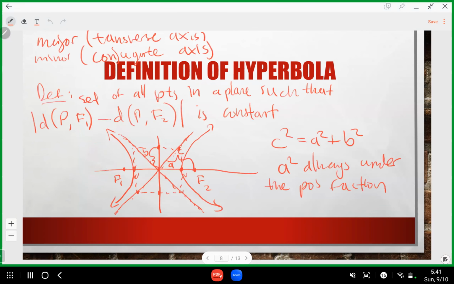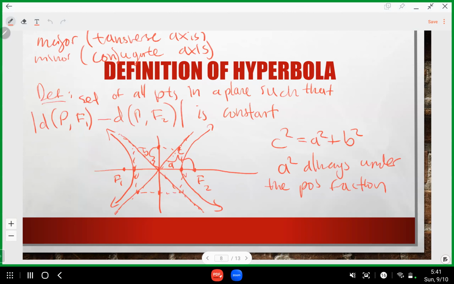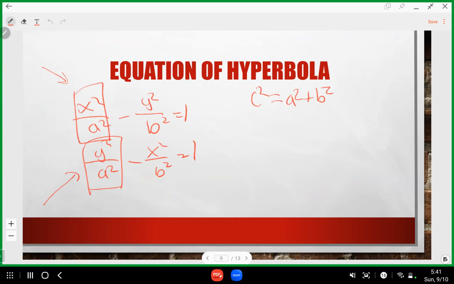So just remember that a is always under the positive fraction, and that c squared is equal to a squared plus b squared, because as you can see, the foci are farther than the vertices. c is bigger than a. And it's not necessarily the Pythagorean theorem, it's just the relationship between a, b, and c.